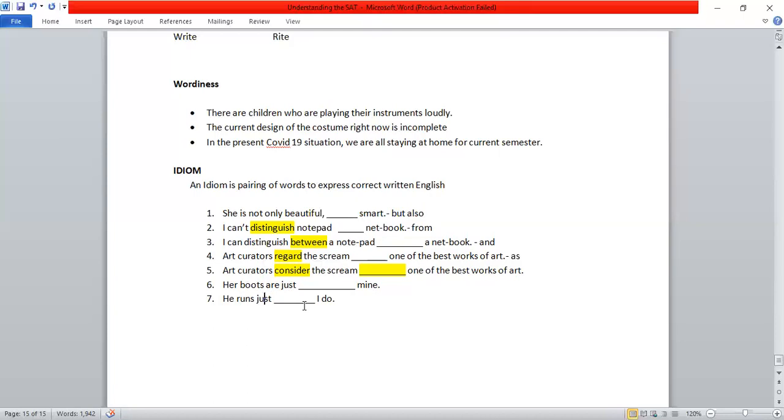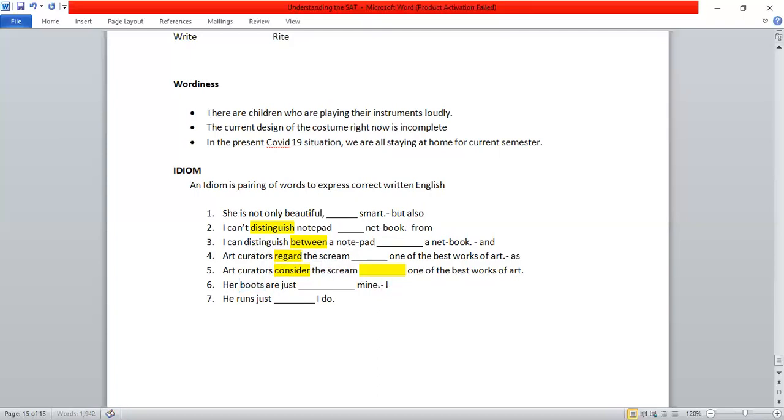Remember, if you've seen the comparison video, I discussed that like and as have very specific usage. They both can go with just: just like, just as, both are correct. But like goes when we compare nouns. In this case, I'm comparing boots. That's a noun.